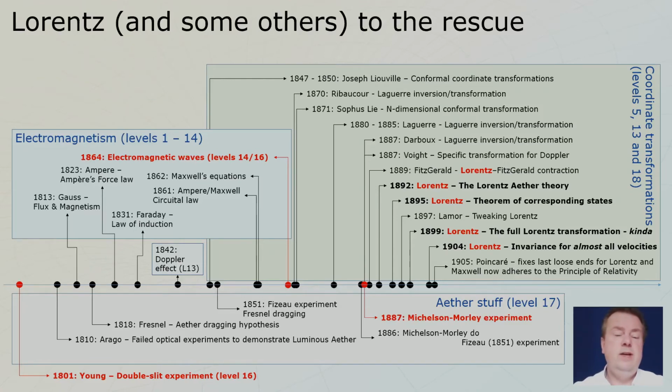Then in 1871, I'm going to skip one, Sophus Lie, I'm not sure how to pronounce it. He made it from a three-dimensional ball to an n-dimensional ball. So if you have the ability to see a six-dimensional ball, another observer will also see a six-dimensional ball. Ribaucour and Laguerre, they added something.